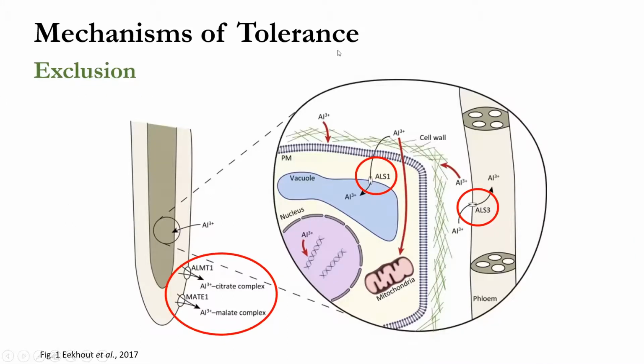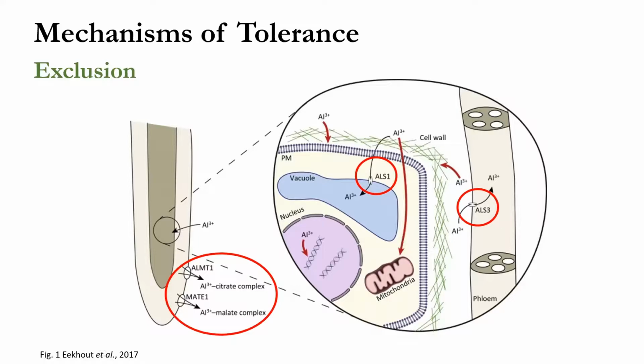And this diagram here sums up our discussion on the last slide nicely. You can see that aluminum binds to the cell wall and plasma membrane. Then when it enters the cytosol, it attacks mitochondria and nuclear DNA. However, it gets chelated by organic acids, which is not shown here, unfortunately.